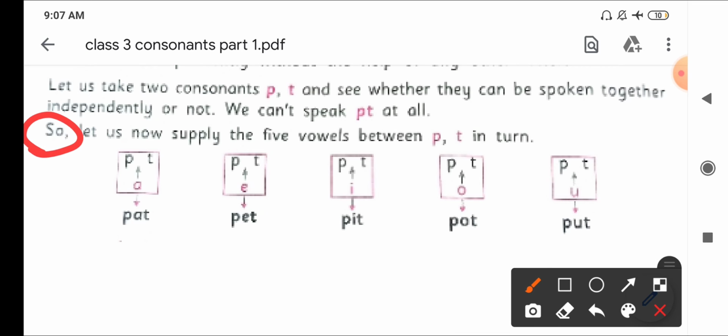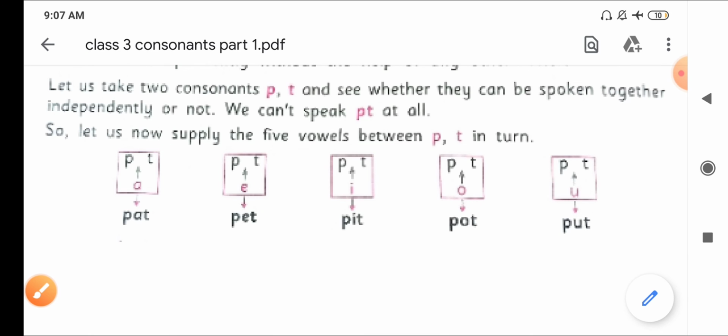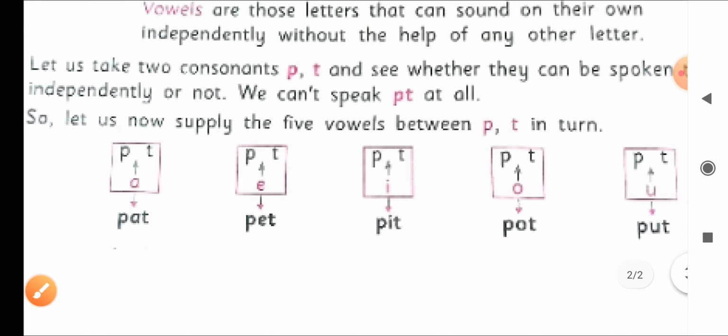So, let us now supply the 5 vowels between P, T in turn. Let us now see what we can do with P letter and T letter. P and T are consonants. Remember there are 21 consonants and 5 vowels. So, P and T both are consonants.